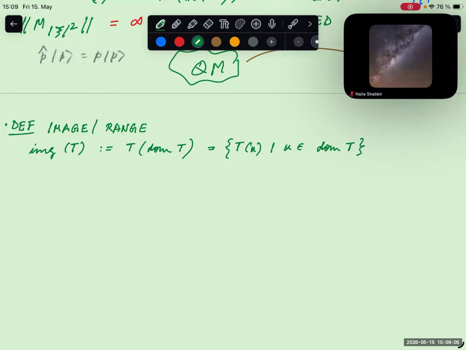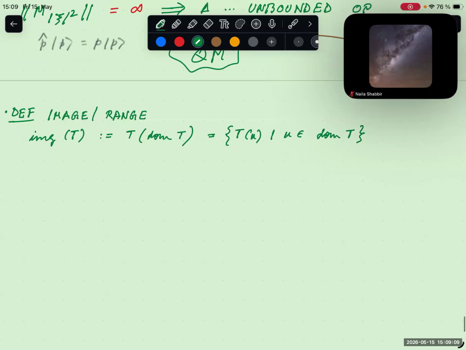And then you also have another notion which is called kernel, or this is also called null space.